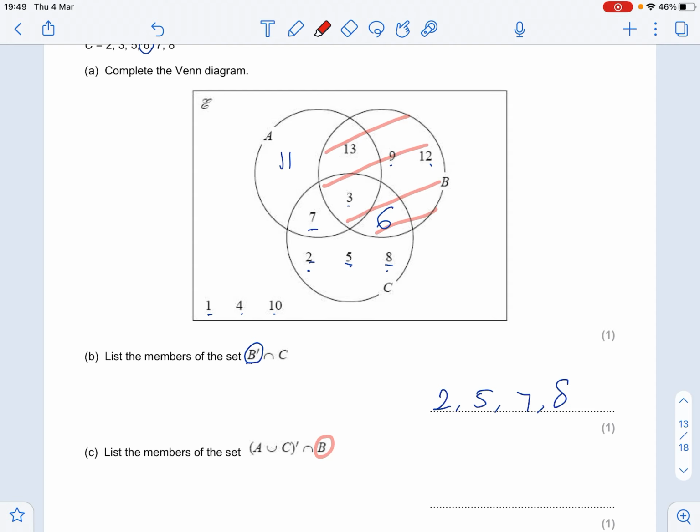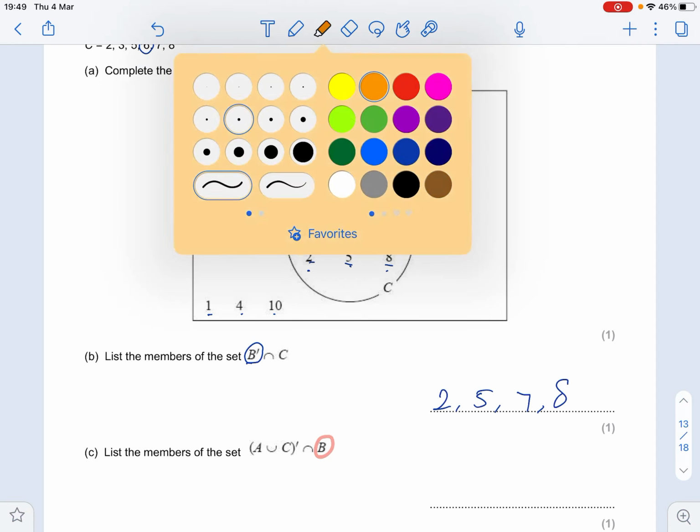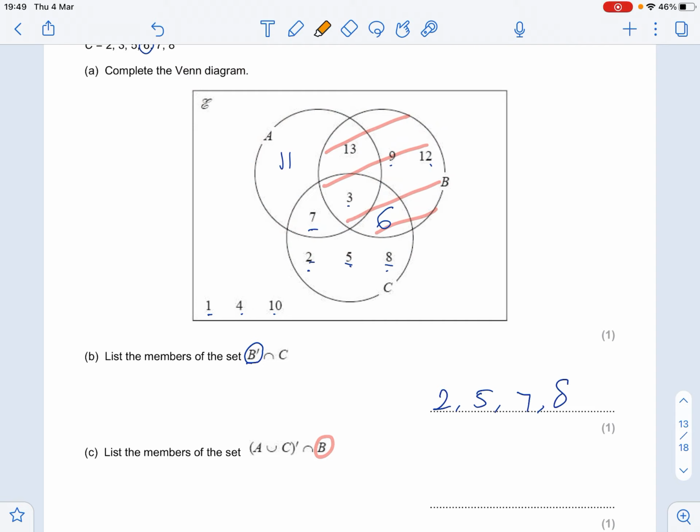So let's do another circle. So this part is saying A union C. So let's find where is A. So A union C. So A is all this shaded part here. And C is all this circle here.